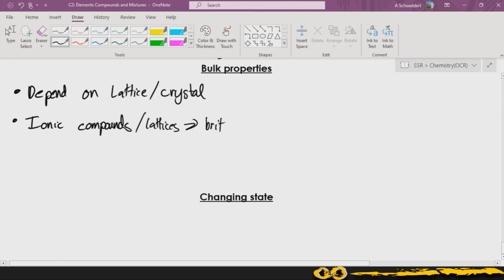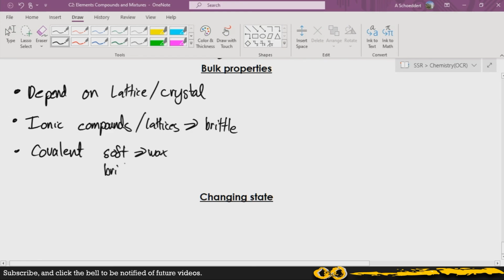Some covalent compounds can be soft, such as wax, or they can also be brittle, such as iodine.